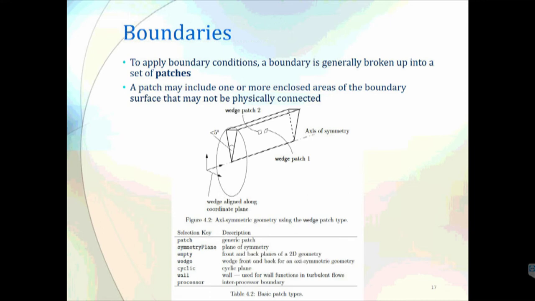The wall boundary condition indicates, as you know, that the velocity of the fluid at the wall is the same as the velocity of the wall itself. So if the wall is stationary, the velocity of the fluid at the wall is also zero. But OpenFOAM takes care of all the details. You just need to specify that this is a wall boundary condition, and OpenFOAM will do all the calculations accordingly.